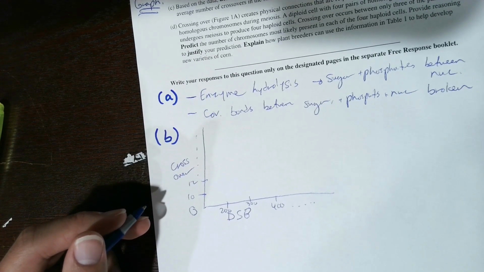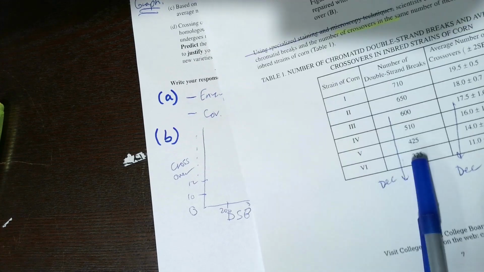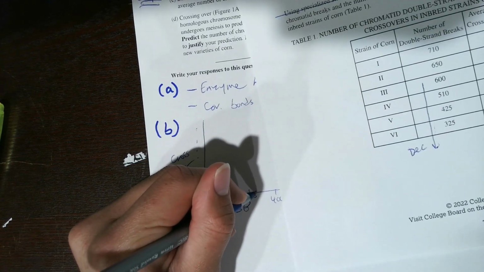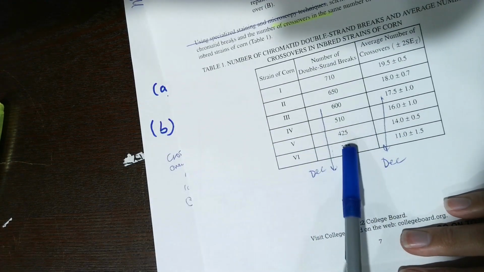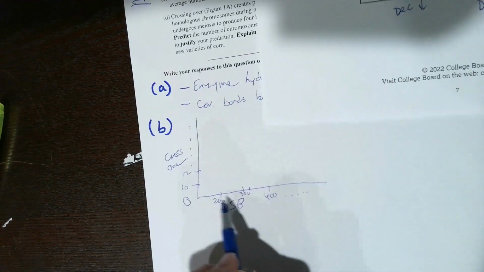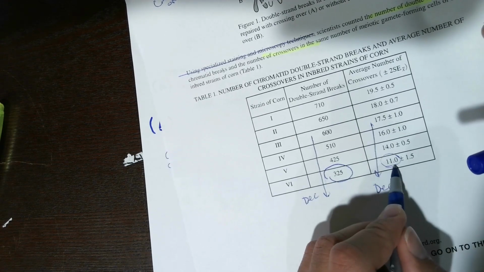Now, let's graph the lowest one first, 325. So I'm going to go over 325, and when there's 325 double-stranded breaks along the x-axis, it looks like we have 11 crossovers.